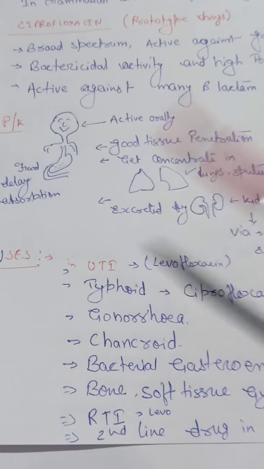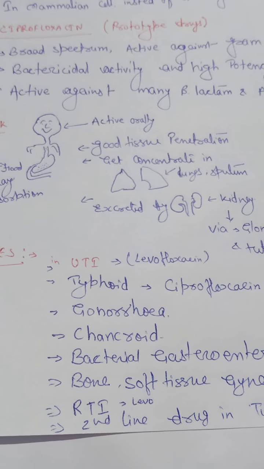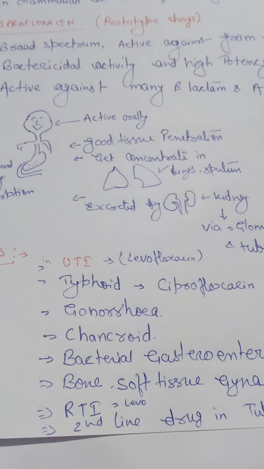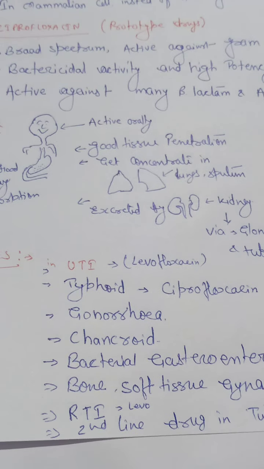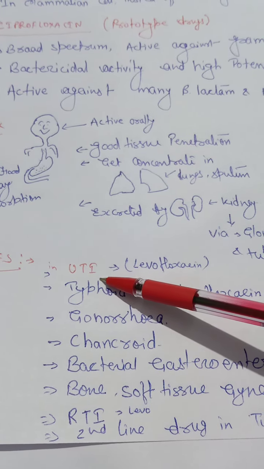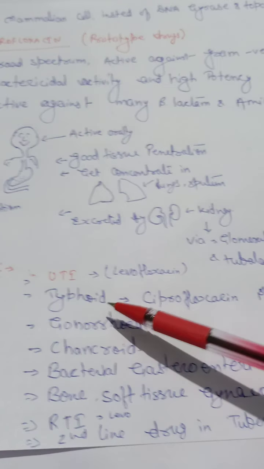Its uses. The uses of the fluoroquinolone group and the ciprofloxacin drug. The drug is used in urinary tract infection, along with typhoid.